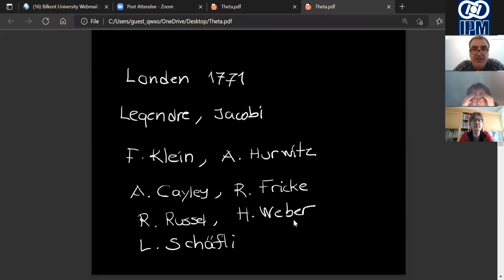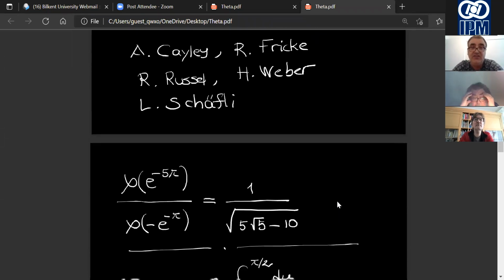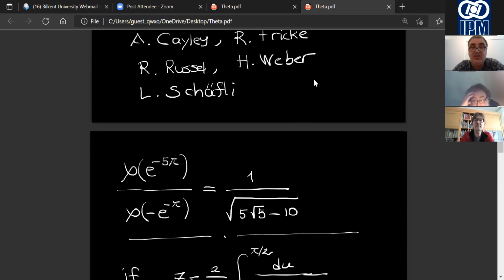So I'm familiar with the work of Weber and Schauffele a little bit. Basically, they obtain special modular equations that allow them to evaluate these elliptic integrals, or evaluate these theta functions at quadratic irrationals.